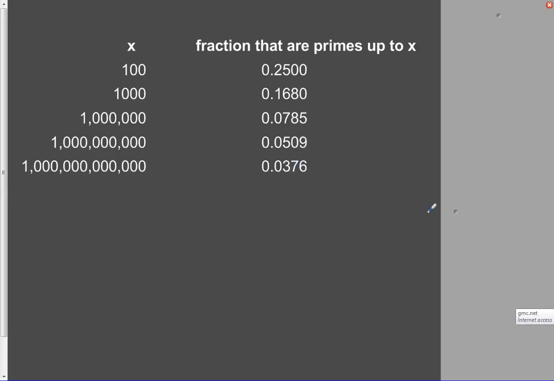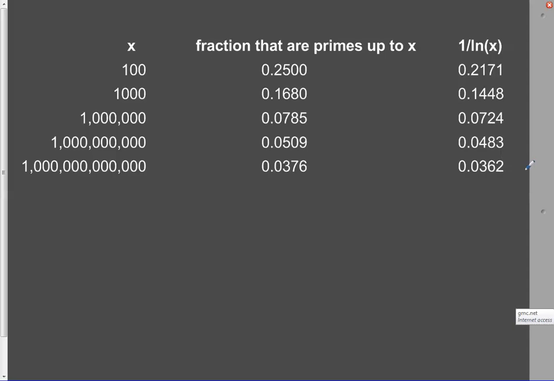Now, in the meantime, if you calculate 1 over natural log of x, if you just plug in the x into this formula, here's what you get. For 100, you get 0.2171. That's pretty close. That's in the ballpark of 0.2500. For 1,000, 0.1448. That's getting closer to the true number, 0.1680.